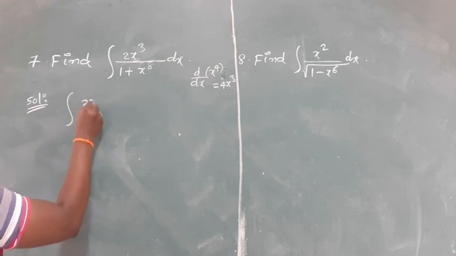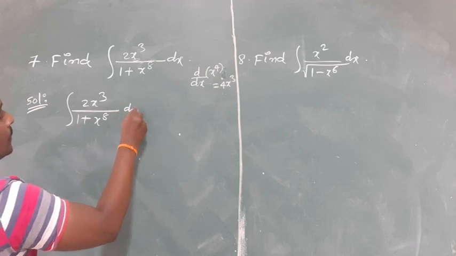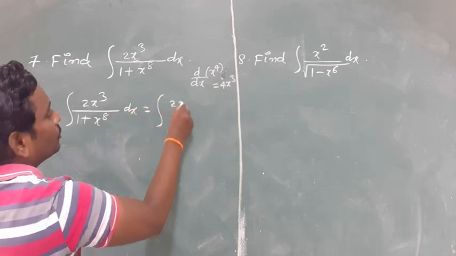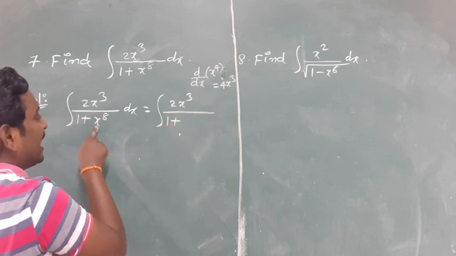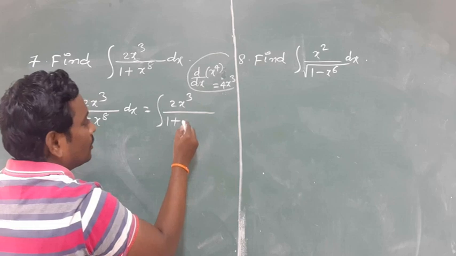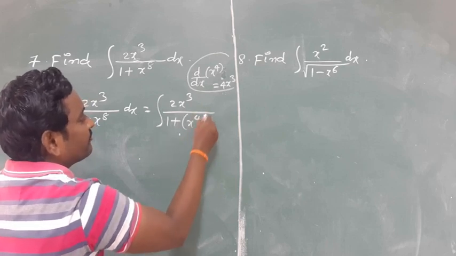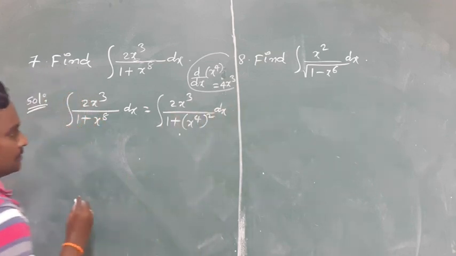So first take the given problem is equal to integral 2x cube by 1 plus x power 8, which can be written as x power 4 whole square, 2 fours are 8, whole dx.